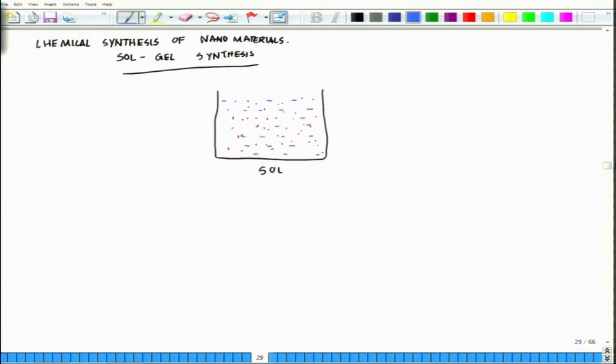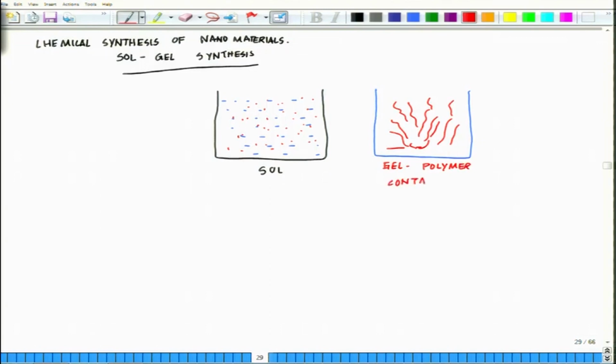And then you have a gel, which is a polymer containing liquid, and here you have colloidal particles in liquid.